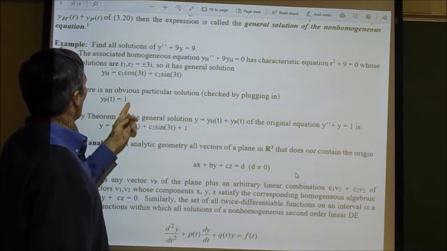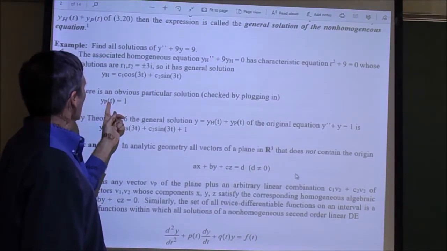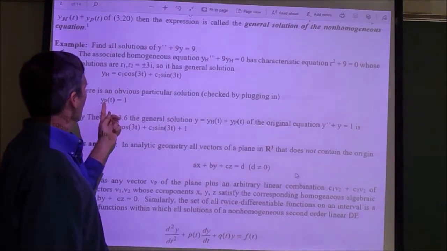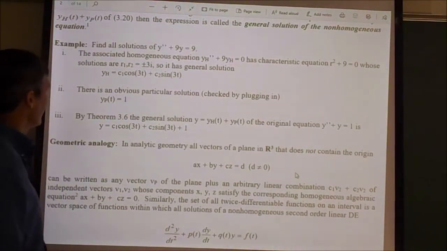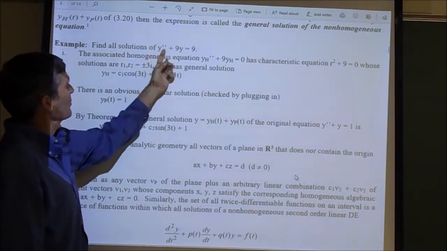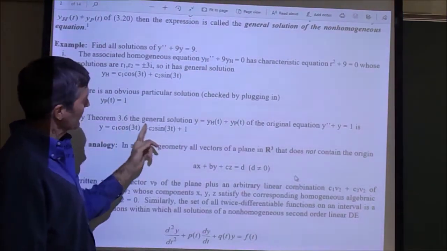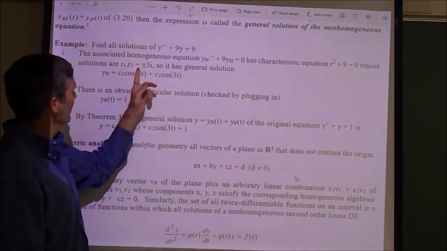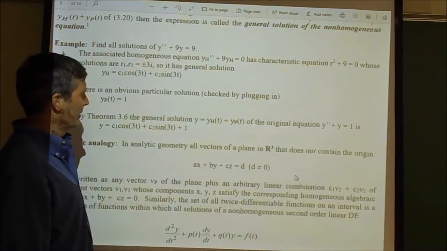And then we know that one particular solution of this problem is yp of t equals 1. We'll call it a little p here, referring to the particular solution. And so the general solution, in the form of all solutions to this problem, is just all solutions to the homogeneous problem, c1 cosine 3t plus c2 sine 3t, plus one solution to the original problem, 1, and that is done.